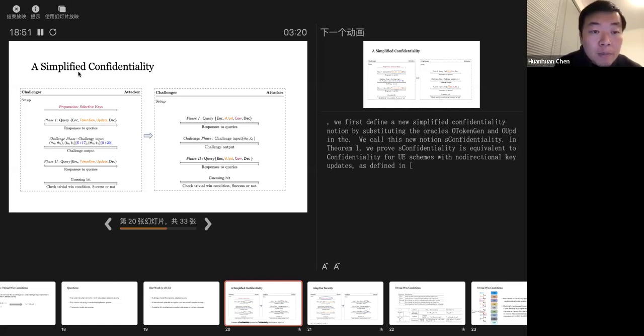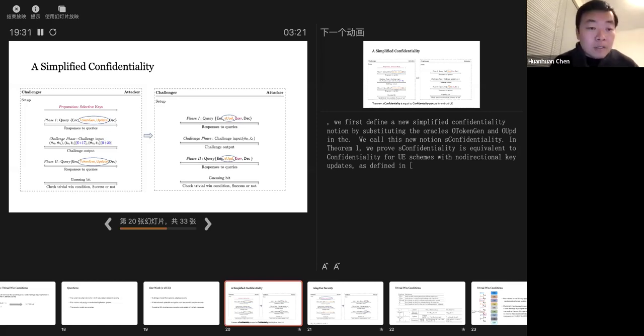Instead of using two oracles in the system, we substitute those two oracles with one oracle called SUPD. Those two oracles send back the token and the ciphertext separately, but our new oracle sends the token and the updated ciphertext at the same time. So we reduce the number of oracles.